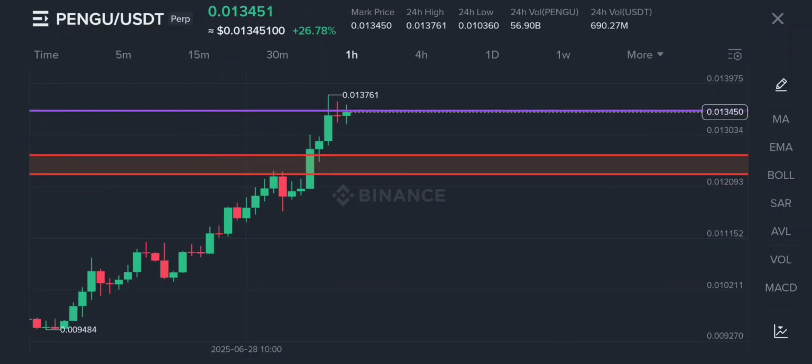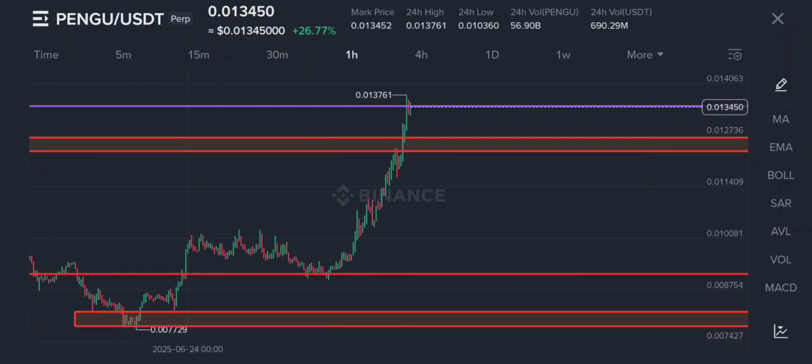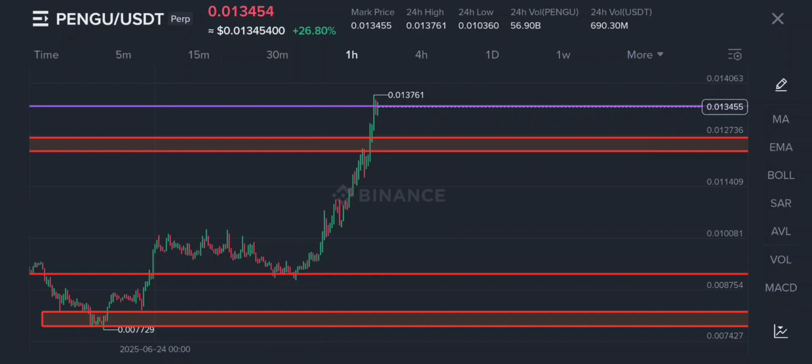But mind you, you can take a sell. I am expecting this trade to come here, somewhere here, and continue moving up. I am not expecting a massive pullback.